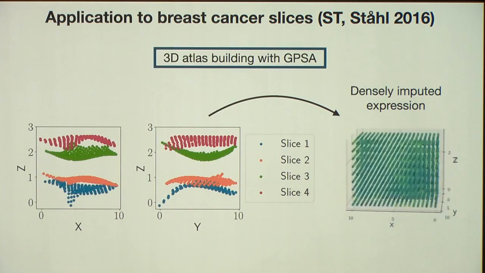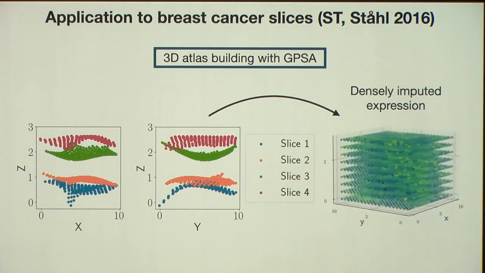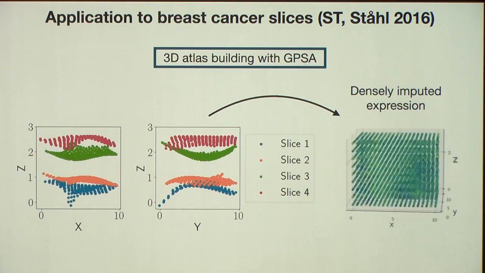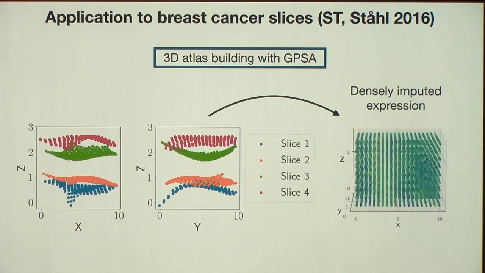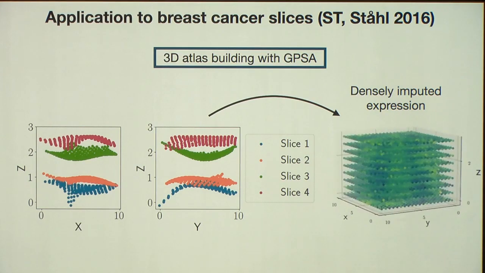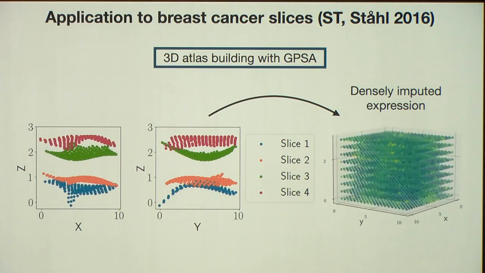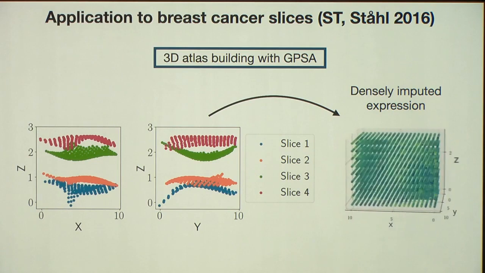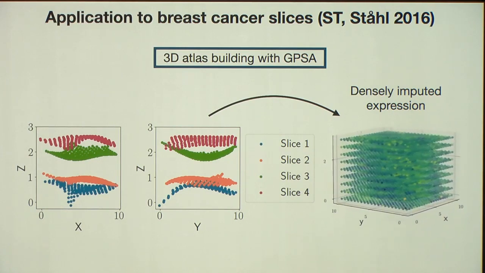Having characterized the spatial variance in these breast cancer slices, we next asked whether we could actually use our model to create a three-dimensional model of the spatial coordinate system. To do this, we use the probabilistic nature of our model to densely impute gene expression within this common coordinate system. This is possible due to our warping model as well as our phenotype model that captures this spatially resolved phenotype within all of the slices.